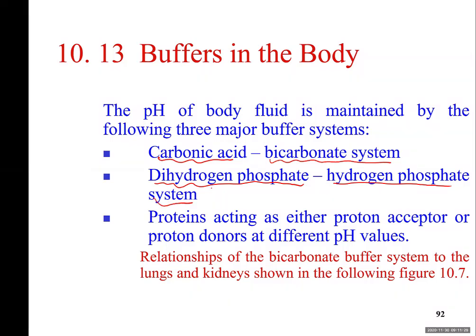And proteins, there are acidic proteins which are weak acids and the salt of their acidic protein together, they make a buffer system. So our body has got three systems of continuously watching the pH of our blood for us to stay alive.